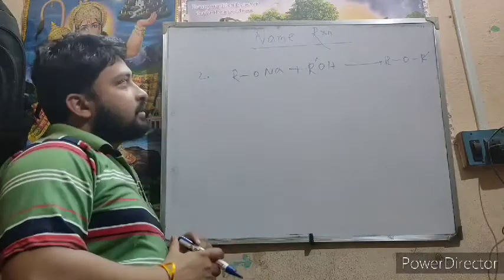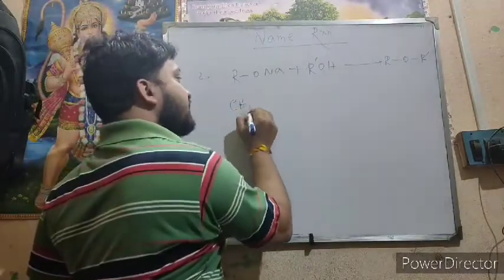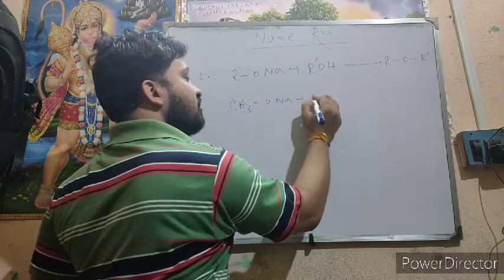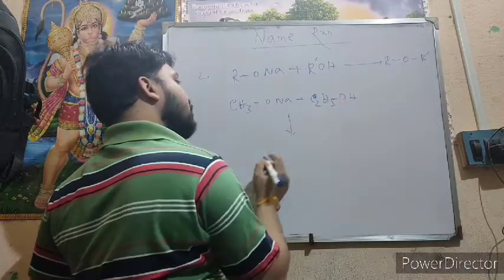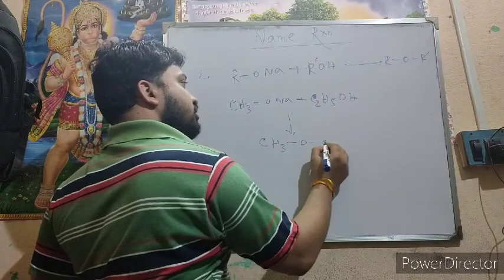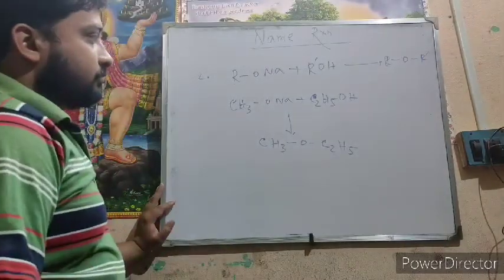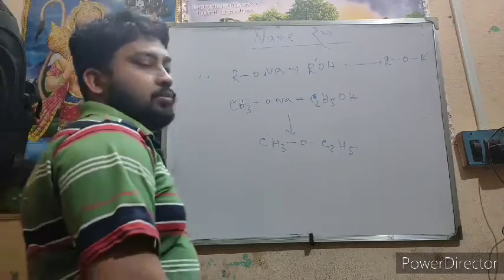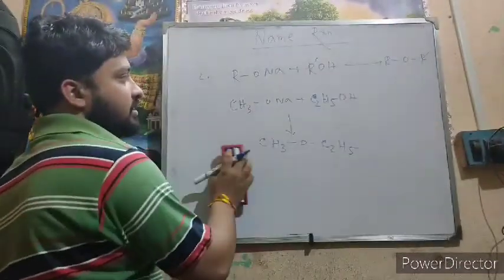This is the Williamson synthesis. Just like if you take CH3ONa and react it with C2H5X, the product will be CH3OC2H5. Okay, so this is Williamson synthesis. I just revise it. All is given in my video. Okay, I just revise it.